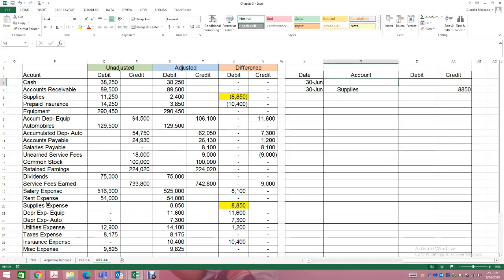Well, my supplies expense increased by 8,850. An expense account increases with a debit. Okay, so we're going to debit supplies expense of 8,850, and I'm going to credit supplies for 8,850. Okay, so your supplies decreased, your supplies expense increased.